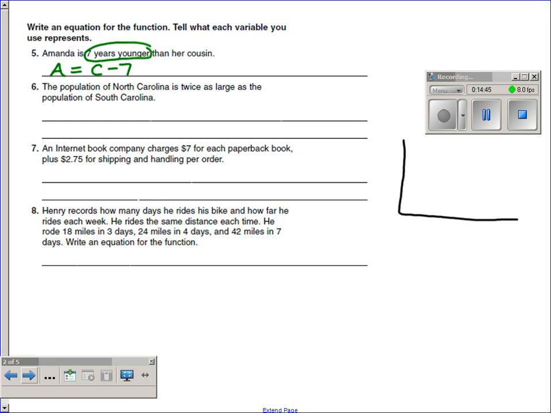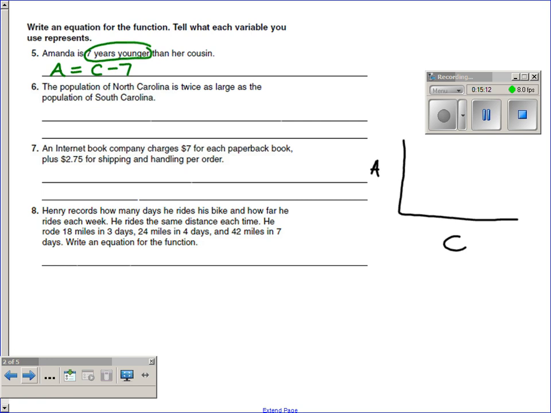This up here is our y-axis. We would label this as Amanda's age, and this is the cousin's age. Anytime we get the cousin's age, we should be able to tell Amanda's age, right? Because we just put in the cousin's age and we'd get out Amanda's age.